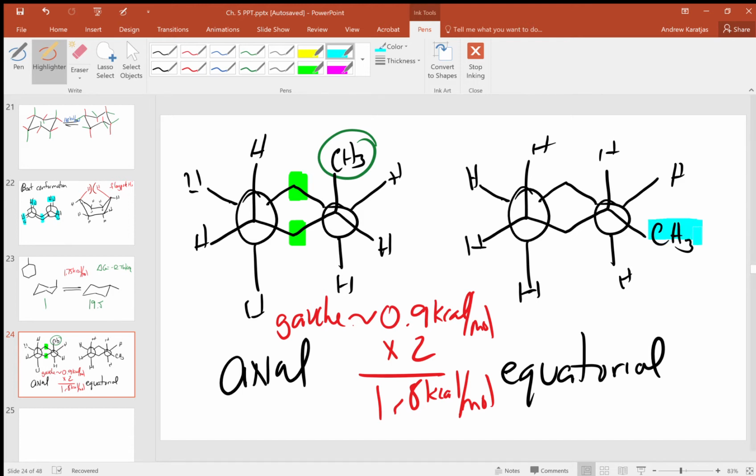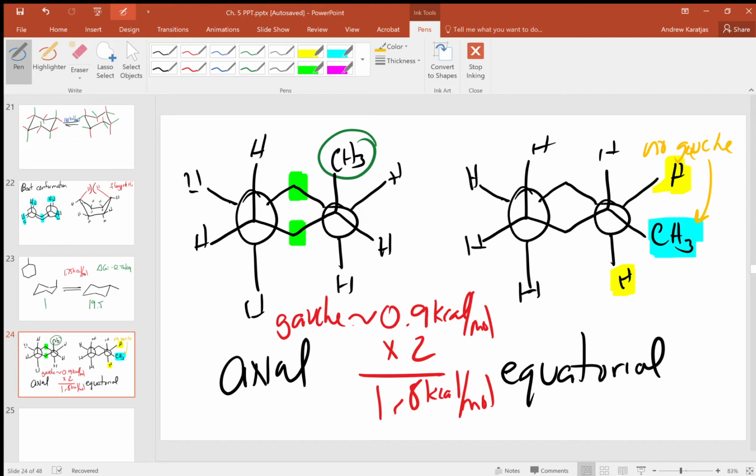When the methyl group is over here in the equatorial position, the two adjacent groups are both hydrogens. And because those are both hydrogens, there's no gauche interaction for that methyl. And that provides our energy difference.